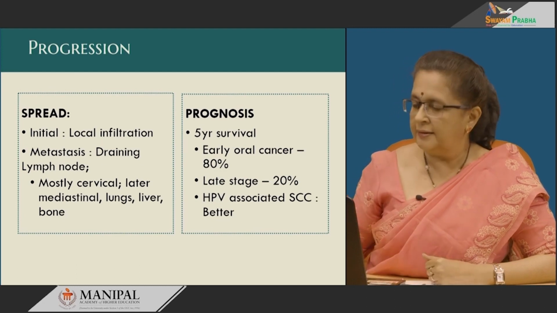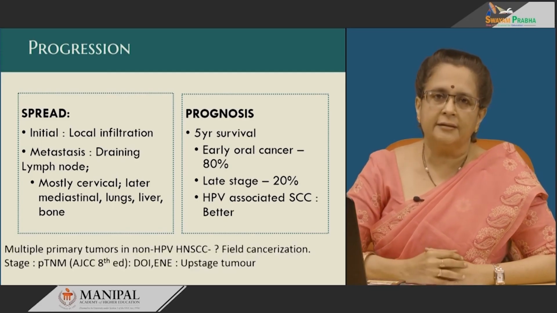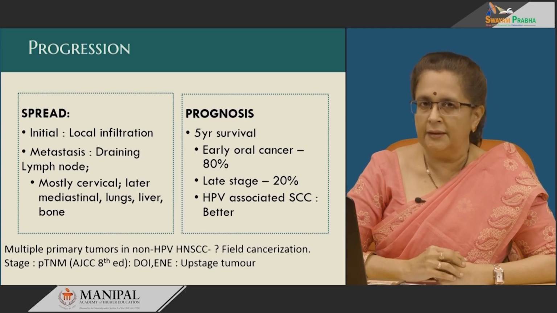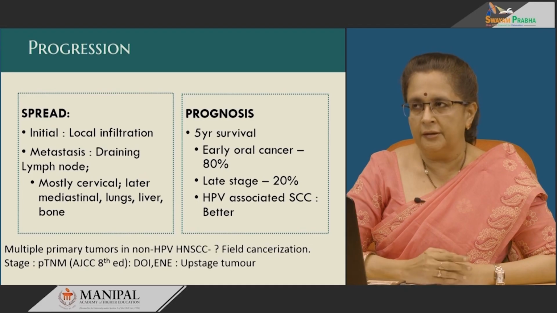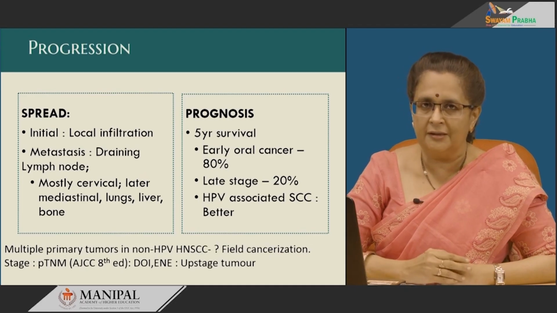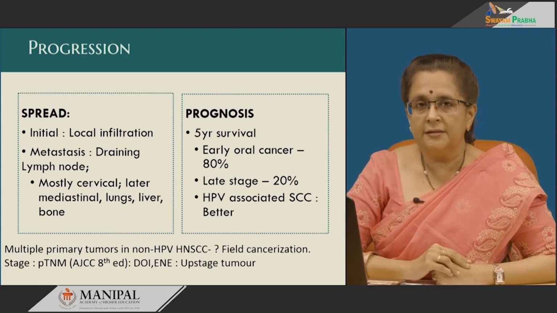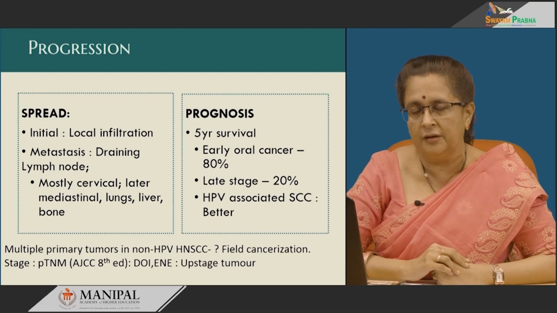Now, besides that it also depends on field cancerization. So, field cancerization is nothing but multiple primary tumors occurring in the oral cavity or head and neck region, maybe in contiguous sites or in the same site or a little away from that site. This is thought to be because of the carcinogenic effect of whatever the agent is that has caused it.